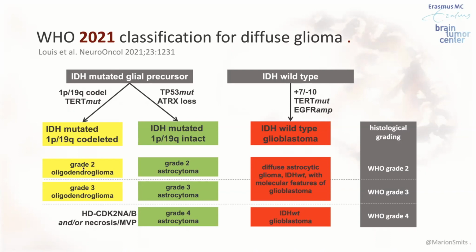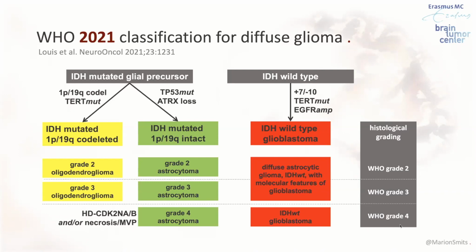So we have our oligodendroglioma, astrocytoma, and the glioblastoma. Like I said, basically glioblastoma is also derived from astrocytic cells, but is now considered a completely separate entity based on the molecular status. Here we see the grades before I go to the genetic status, so grade 2, 3, and 4. So we still have those in place.